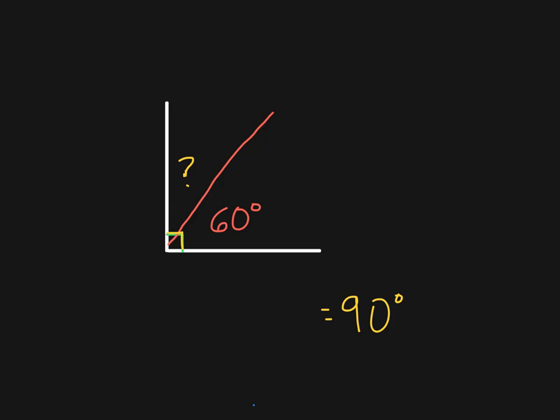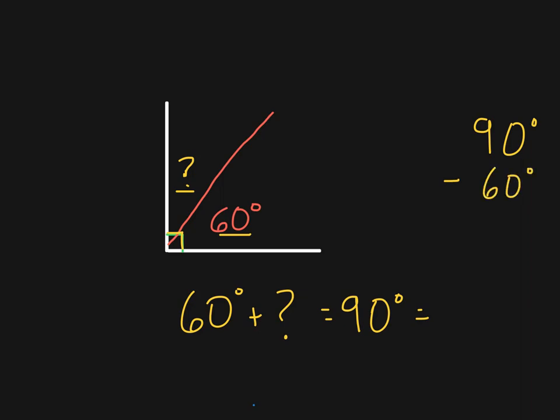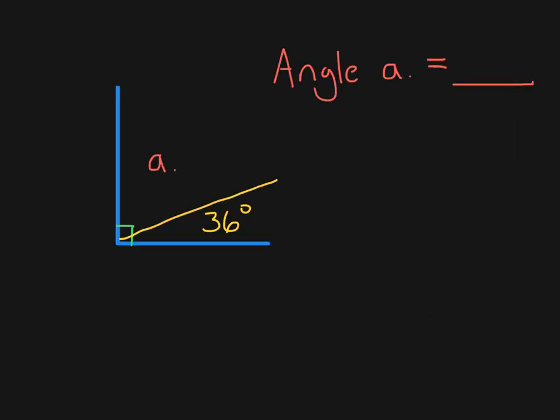And if I know this part is 60, I know that 60 plus my mystery number right here is going to equal 90. So I can use my inverse operation with subtraction and take the whole 90 degrees, subtract the angle that I know, 60, to figure out the angle that I don't know, which would be 30 degrees. And together those would add up to 90 degrees.